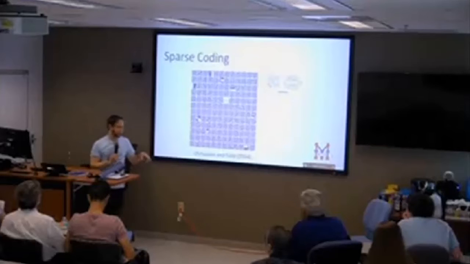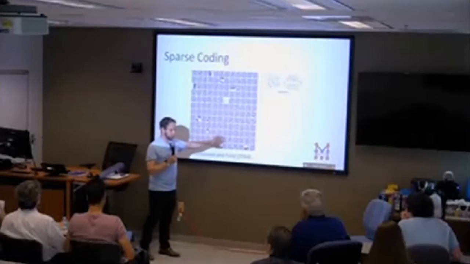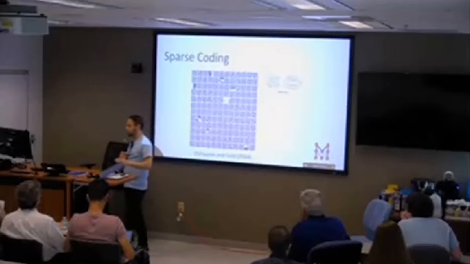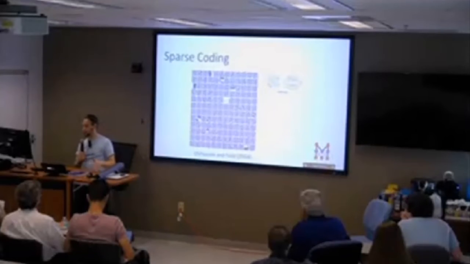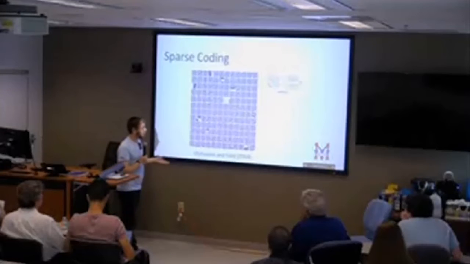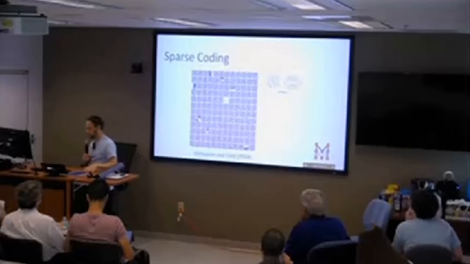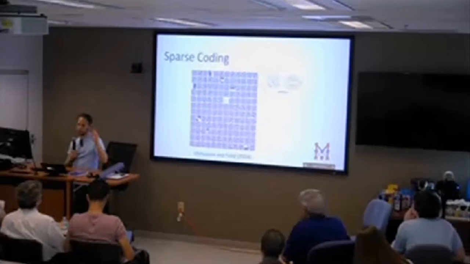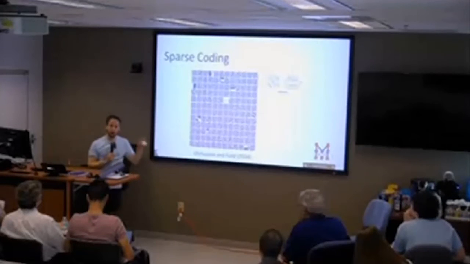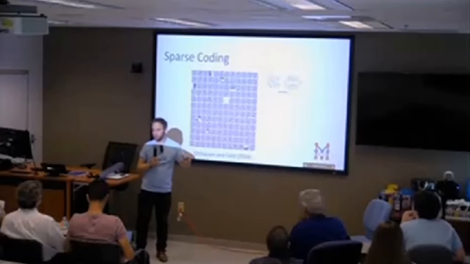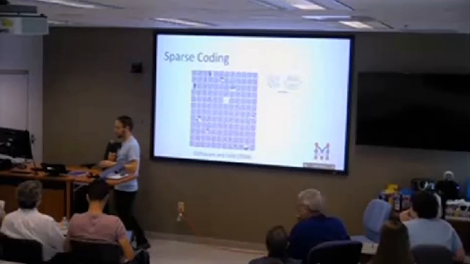By the way, this is not just true of visual inputs. There's additional evidence that if you use auditory information and sparse code that, the response characteristics, the dictionary that ends up being learned, looks awfully similar to A1, primary auditory cortex. And there's also some evidence for other areas, somatosensory as well.